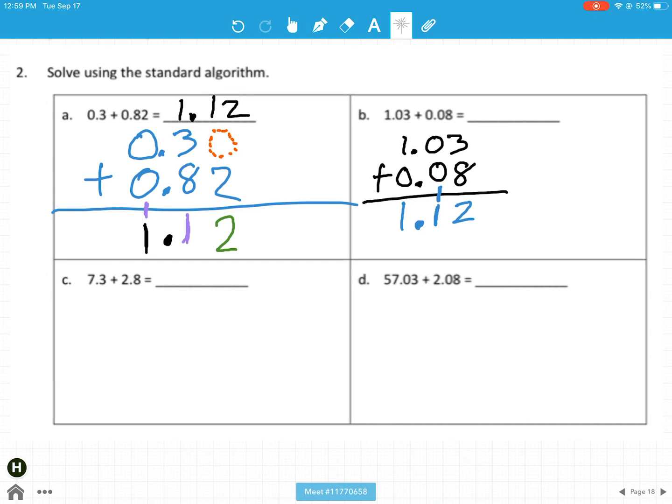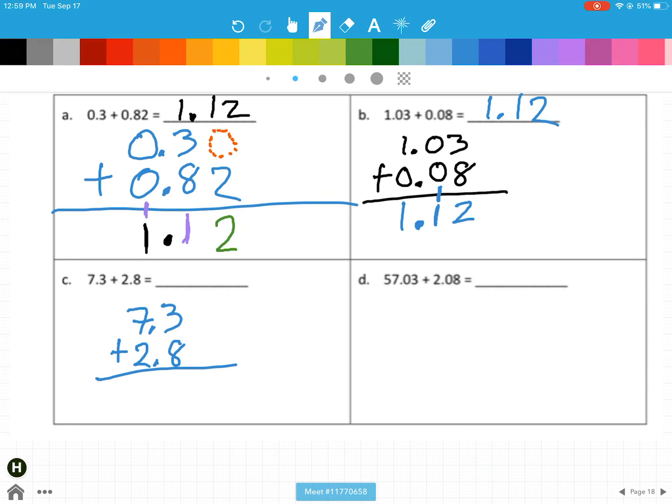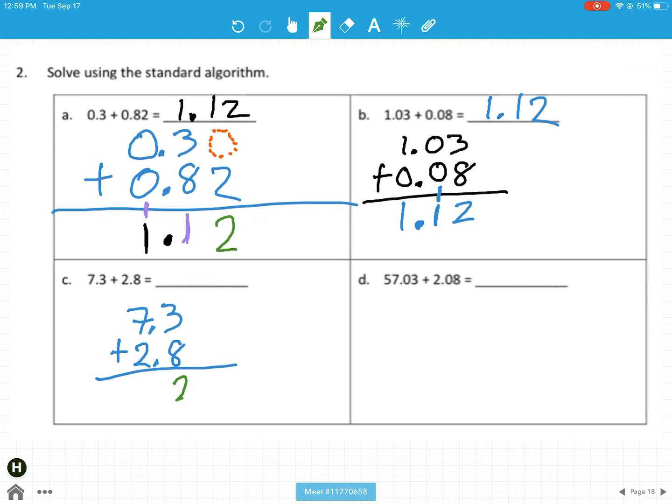And then 1 plus 0 equals 1. All right, here we go again. 7 and 3 tenths plus 2 and 8 tenths. This is standard algorithm. 8 plus 3, we already know that. We just did it. It is 12.